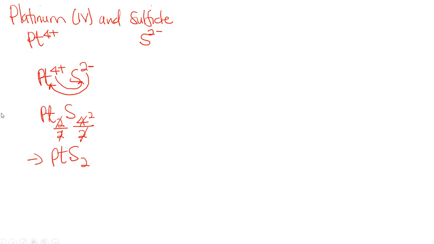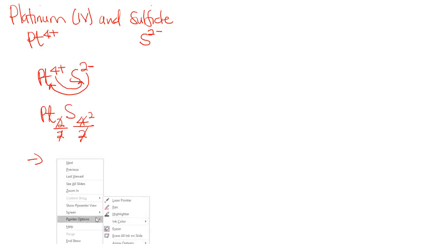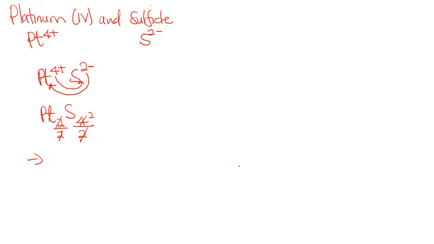So let me just write it properly so that it looks good. So you have PtS2. But we are saying that if you cross this one, initially it will give you Pt2S4.